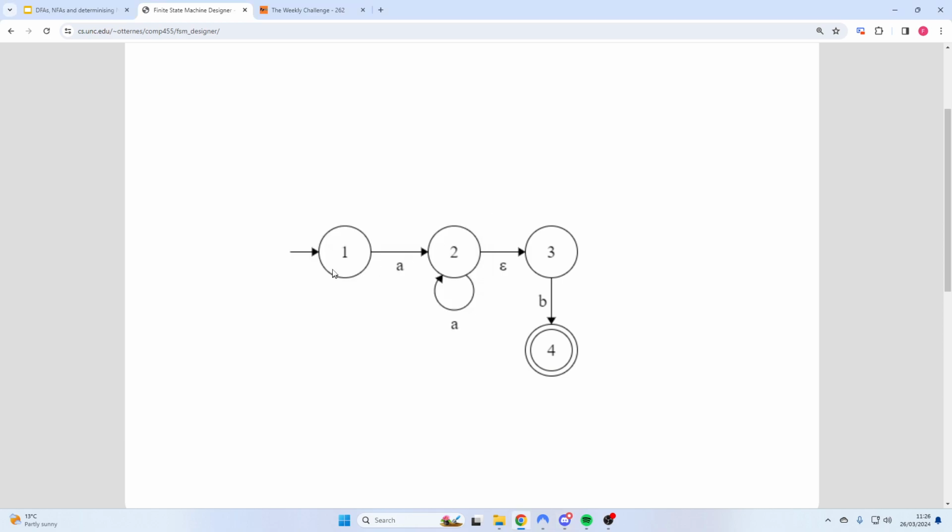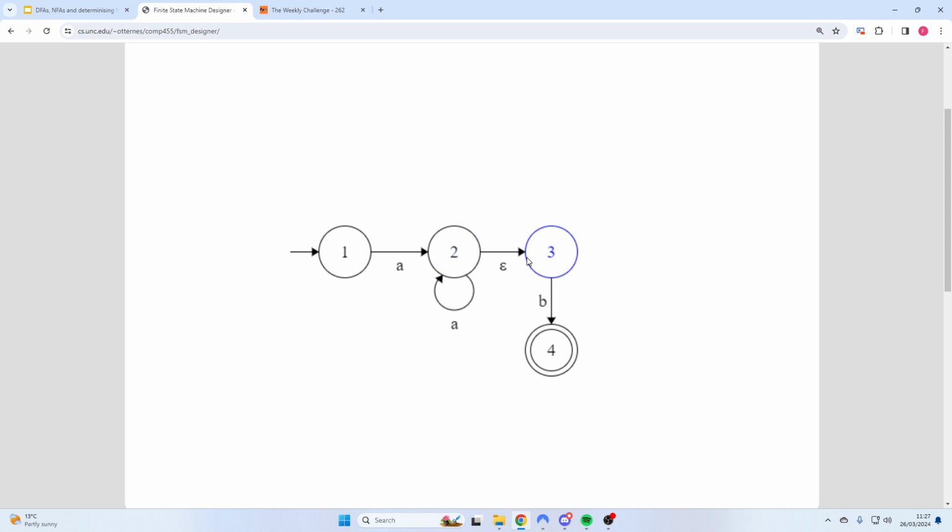Yep. So after consuming 1 A, we start at 1, we consume 1 A, and we end up at 2. So now we've got AAB still to process. We're at 2 and 3. We can imagine it being at 2 and 3 simultaneously again.